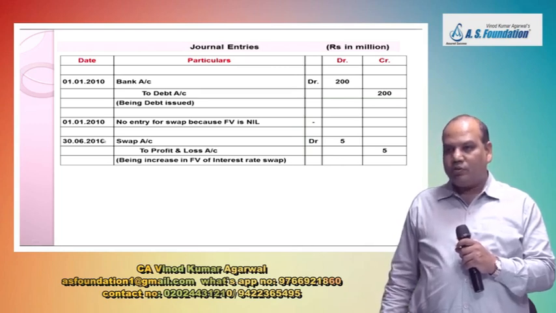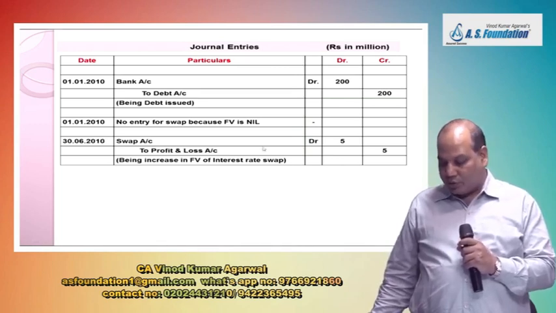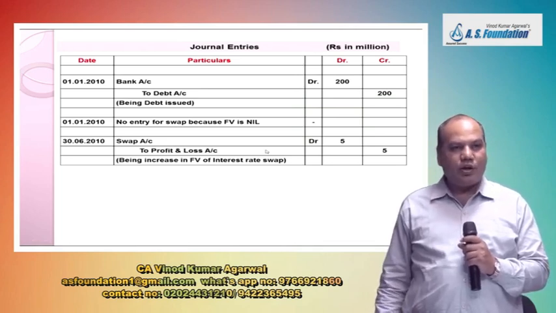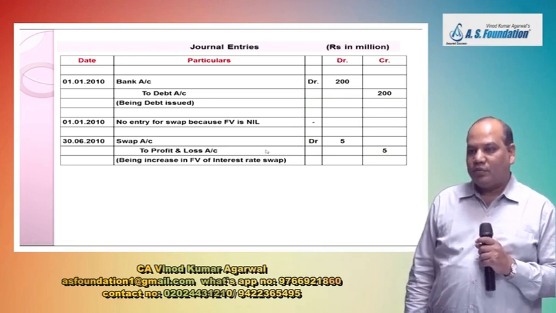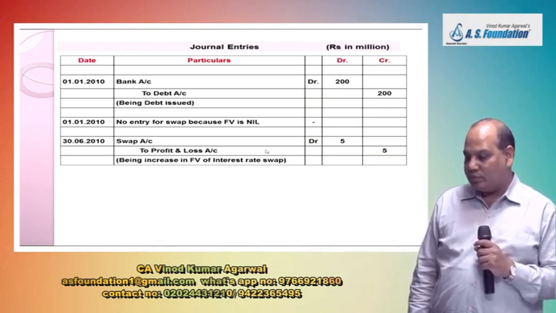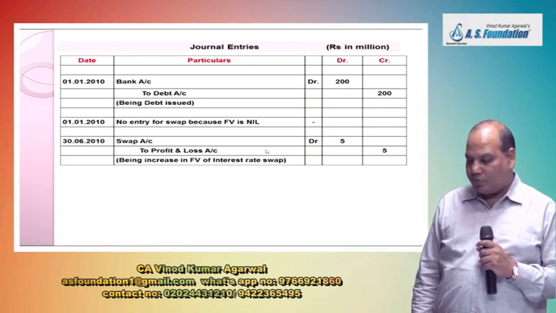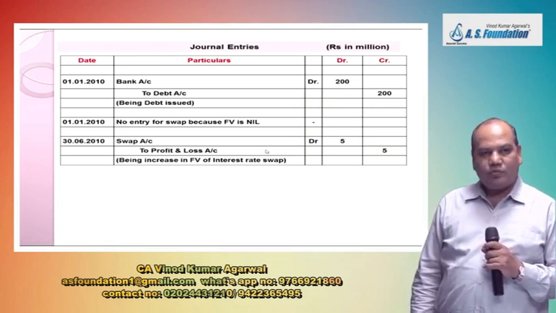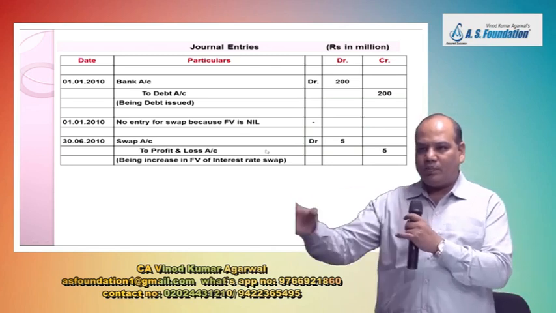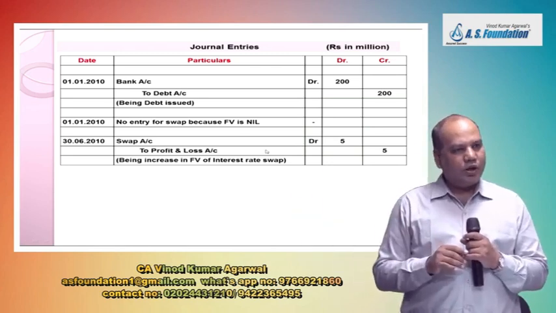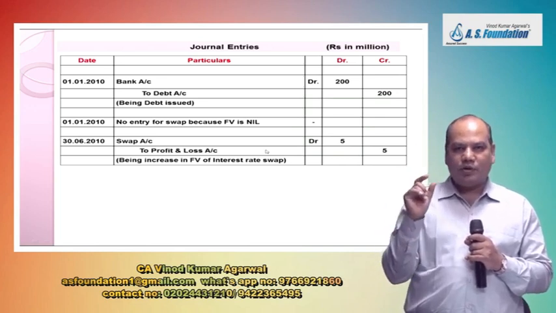Then we'll go to 30th June. Read the question. The fair value of this swap, which was 0 at the beginning, has moved to 5. So swap account debit 5 to P&L account 5. Change in fair value of a derivative will be recognized in the P&L account. In case of fair value hedge, only one exception is there.